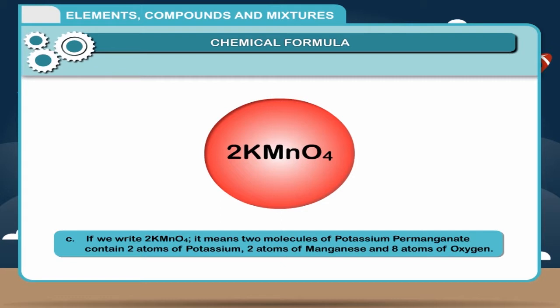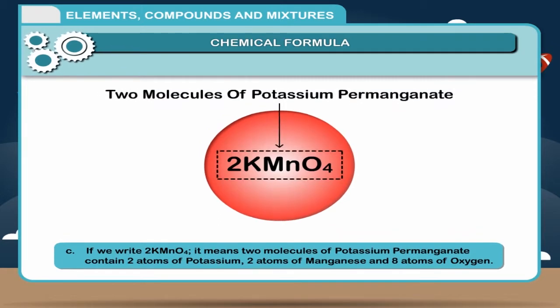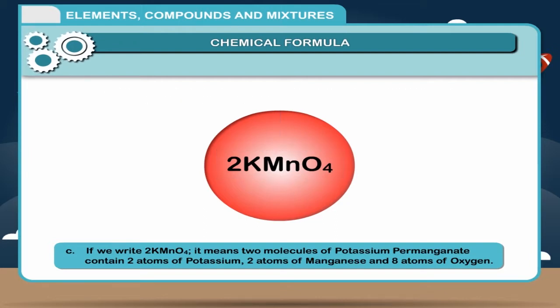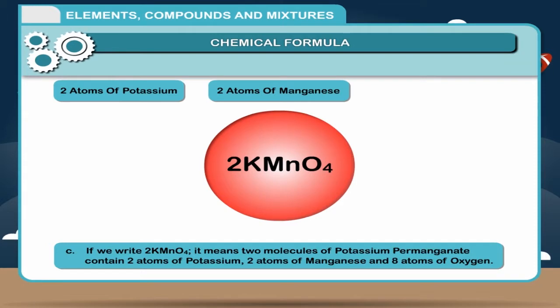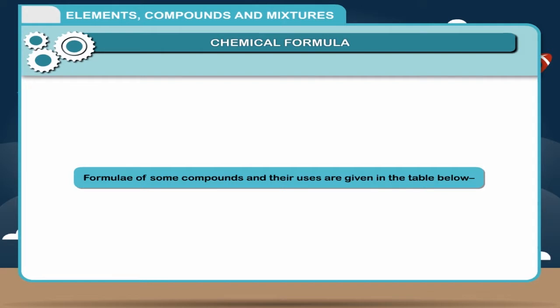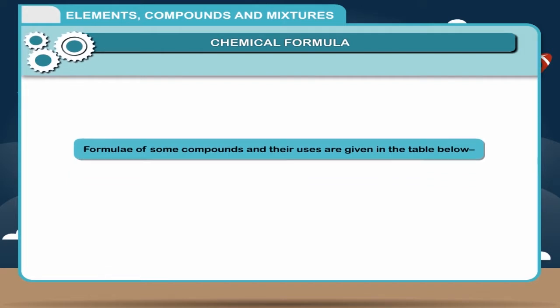C. If we write 2KMnO4, it means 2 molecules of potassium permanganate contain 2 atoms of potassium, 2 atoms of manganese, and 8 atoms of oxygen. Formulae of some compounds and their uses are given in this table.